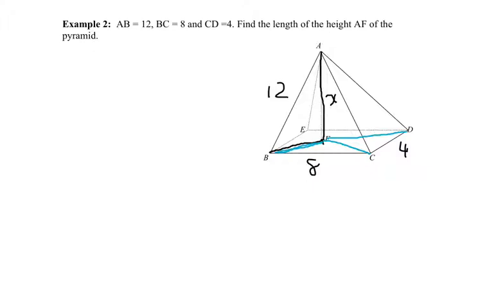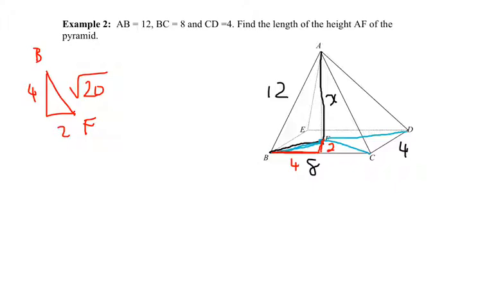But I do know that F is going to be halfway between B and C and halfway between C and D. So that means I can put in a right angle down here that has 4 and 2. So that's going to let me, for 2, I can find my BF then. So BF is going to be the square root of 16 plus 4, square root of 20.